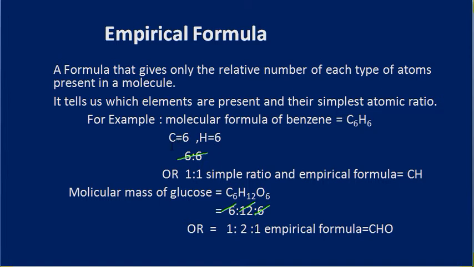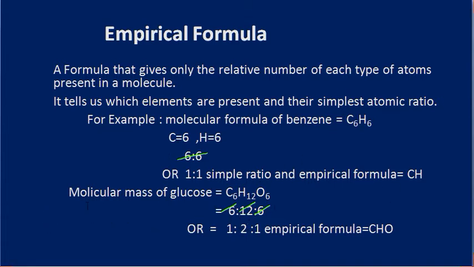If we take its simplest ratio, 6 ones are 6, 6 ones are 6, so it will come 1:1. That is the simple ratio, and its empirical formula is CH.